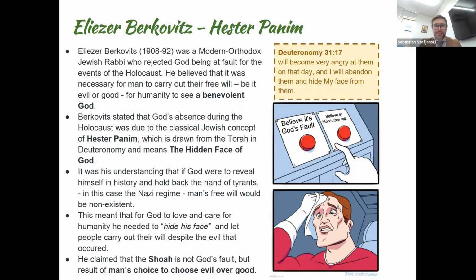What he said was that it was necessary for man to carry out his free will, good or evil, because then humanity can see that God is benevolent, because he gives us the choice. Whether we choose to do good or evil is then man's choice. And he stated that the absence of God during the Holocaust was due to the classical Jewish concept of Hester Panim, which we just spoke about, drawn from the Torah and Deuteronomy, meaning the hidden face of God.